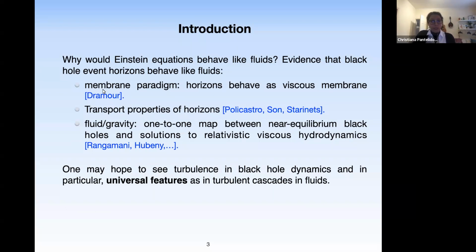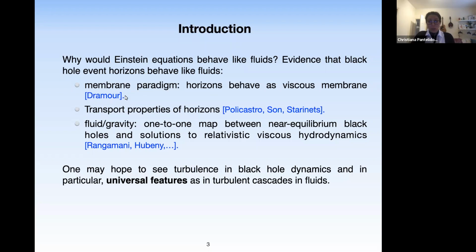Here I'm listing only three such pieces of evidence, but the list is much longer than that. The first goes back to Damour in 1986, and it goes by the name membrane paradigm. According to this paradigm, horizons behave as viscous membranes. That was the first link that was drawn.